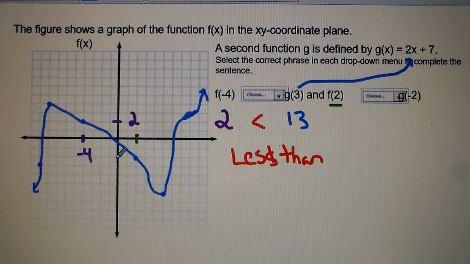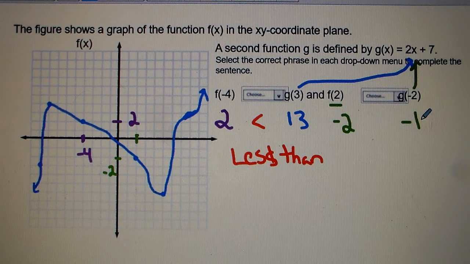Well, our blue function is at negative 2. So f of 2 is equal to negative 2. When I put negative 2 into g, 2 times negative 2 is negative 4, and negative 4 plus 3 gets us negative 1. Is negative 2 less than negative 1?